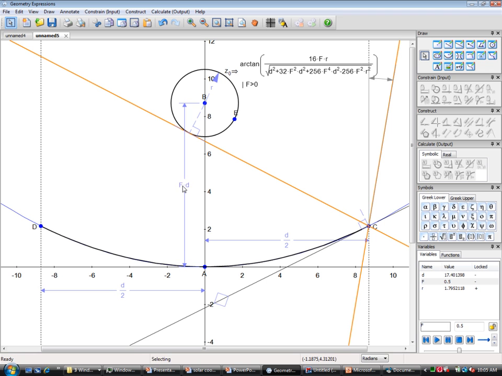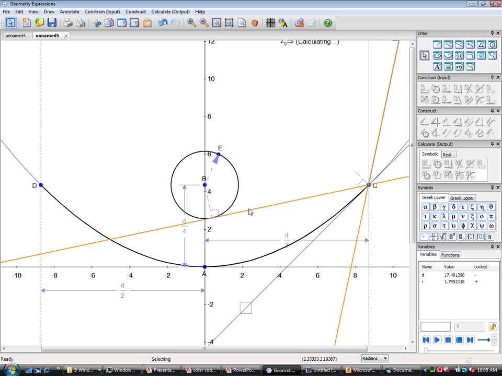So if instead of f, we just type in a quarter, we get the optimal solution. Up here we have the angle at that optimum.